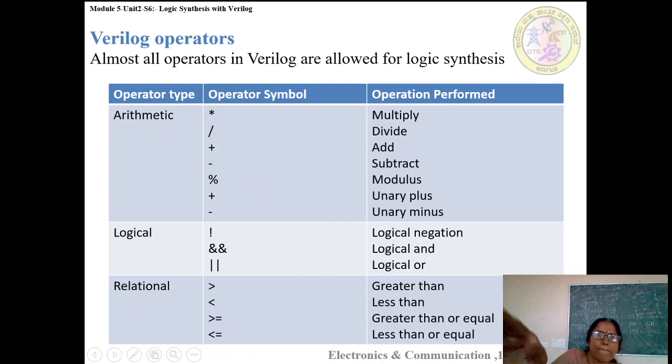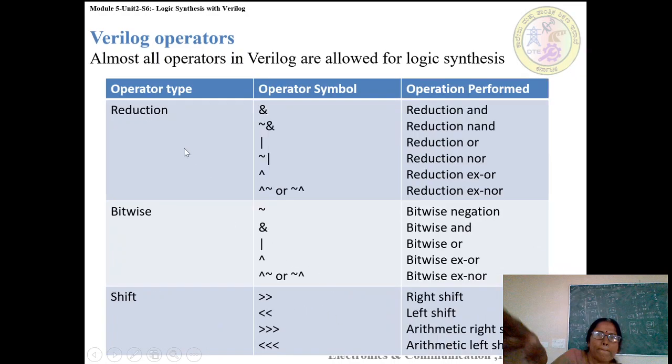And here the relational operators are greater than or equal to, less than or equal to, and then the reduction operators. This is a bitwise reduction operation.